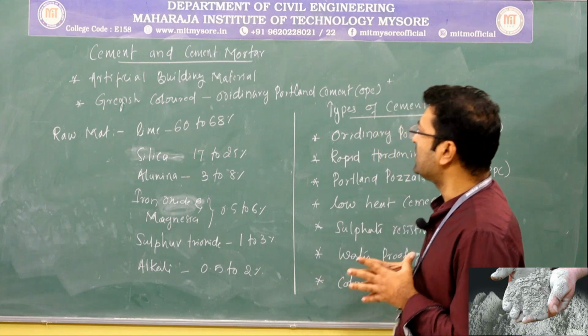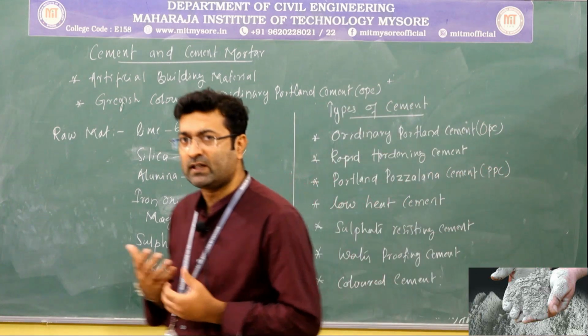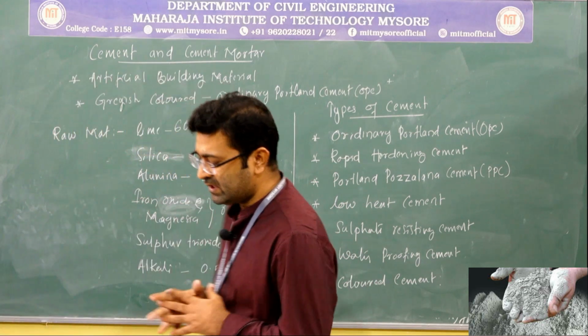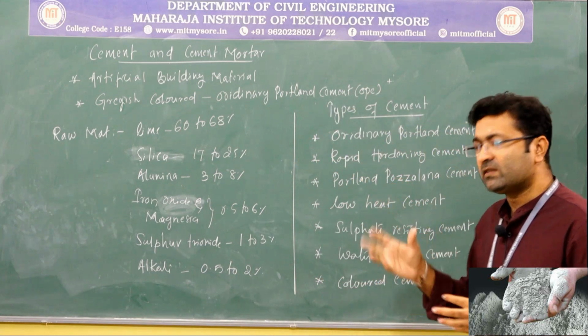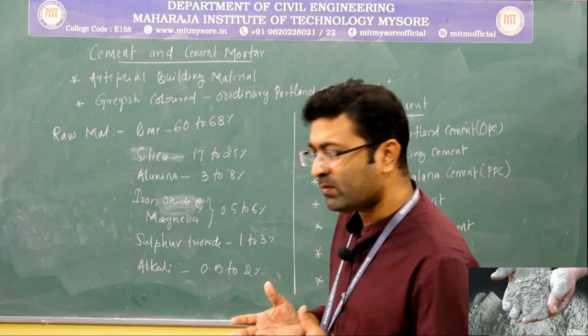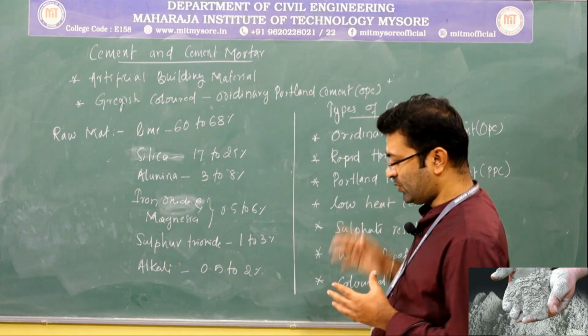Now, whenever we are manufacturing cement, we need many different ingredients or raw materials, which are naturally available. The cement looks grayish in color, and we most commonly call it ordinary Portland cement or OPC.